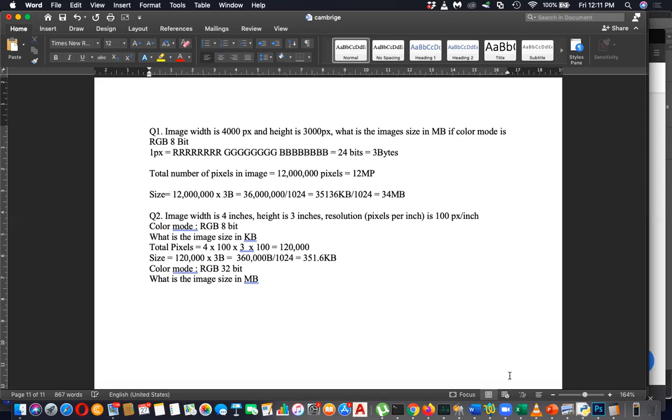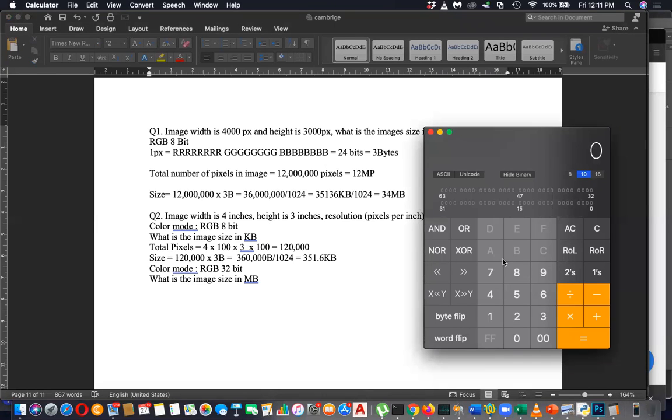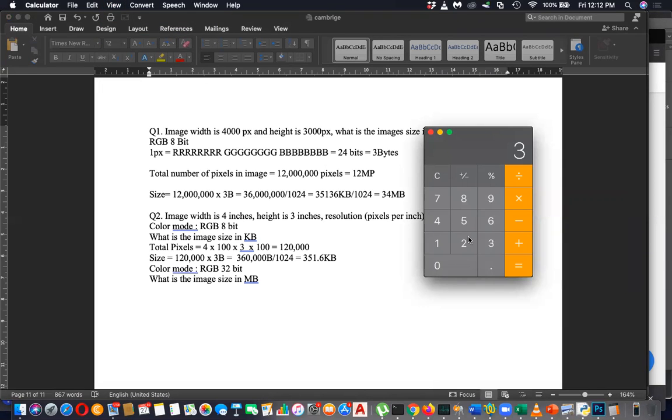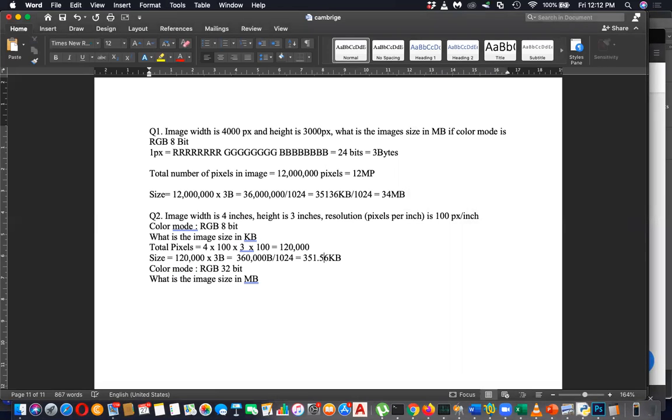You have to exactly divide 360,000 by 1024 and you will get the answer, 351.56 KB. Yeah, that is the value.